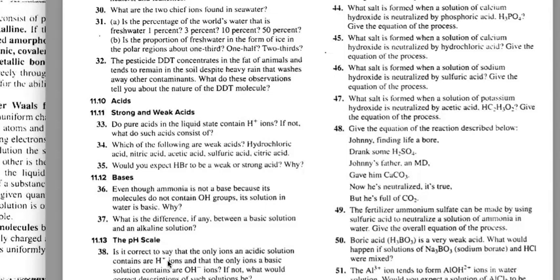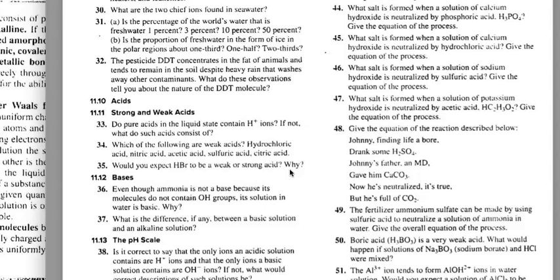All right, next one. Let's see, 35. Would you expect hydrogen bromide to be a weak or strong acid? Why? I just indicated to you that hydrochloric acid, HCl, is a strong acid, one of the strongest, like sulfuric acid.